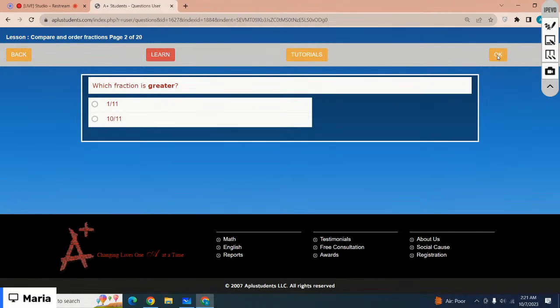So that means 10 over 11 is greater than 1 over 11. Very good.